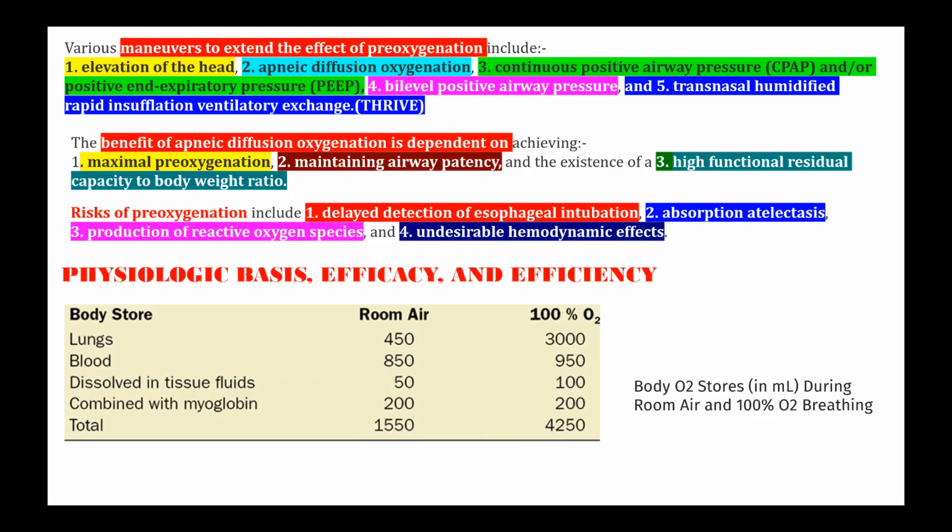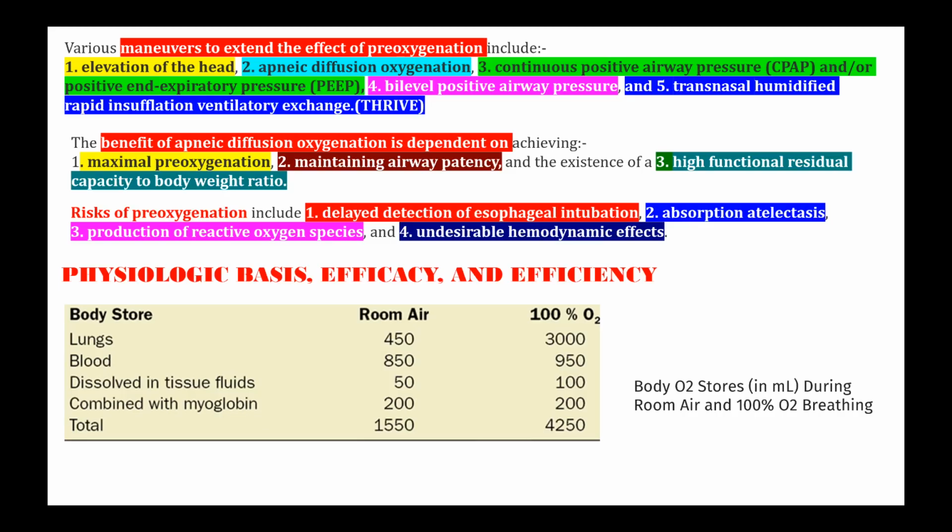Inspiration and expiration. During inspiration, you take the atmospheric air into your lungs, which contains 20% oxygen. After you inspire, you expire the air, isn't it? Yes, sir. So where will the body get the oxygen during the expiration? From FRC. Okay.